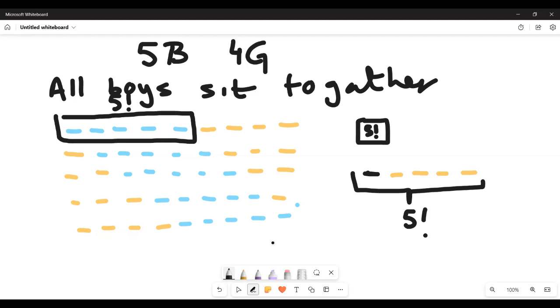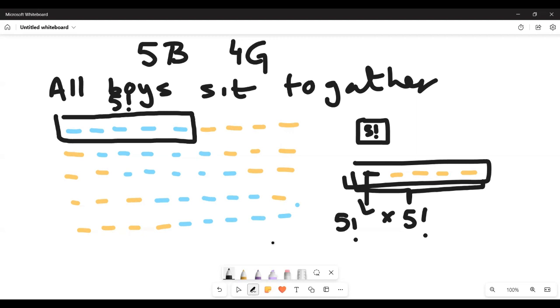So the answer would be 5 factorial for the group times 5 factorial for the 5 people, so 5 factorial times 5 factorial.